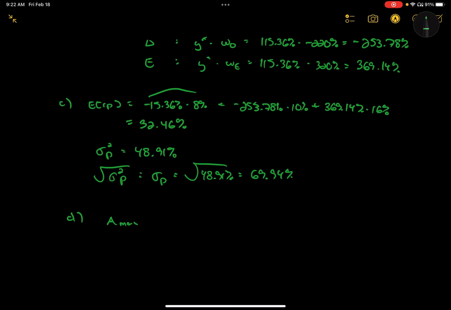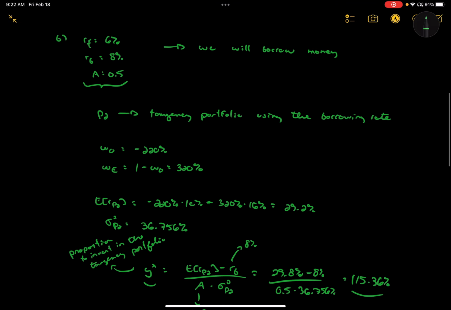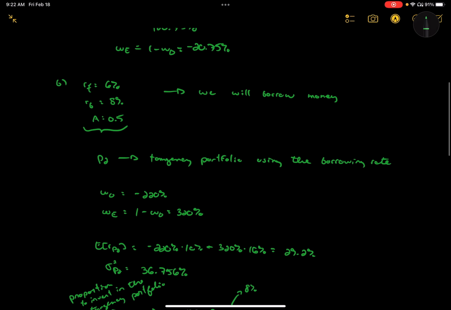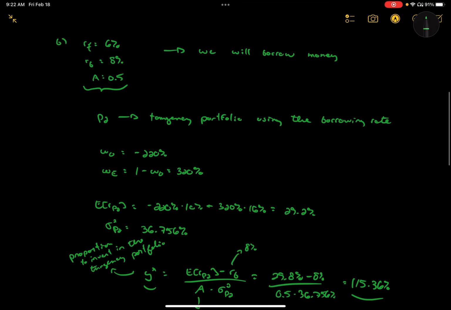So we have Amax equal to 29.2% minus the borrowing rate divided by, where did we calculate the tangency portfolio?